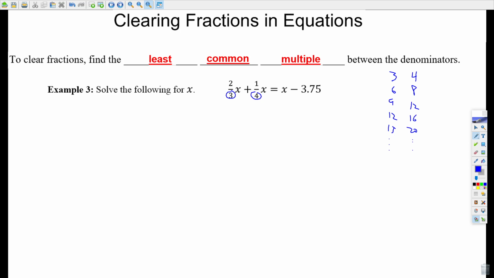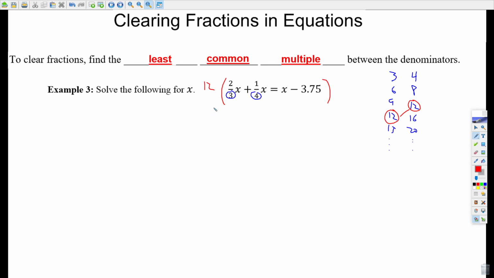As soon as they first match the same number in common, that would be called their least common multiple. So what do they have in common as their least common multiple? The first time it happens is the number 12 on both sides. So that's the number we're going to use to multiply the entire equation by to get rid of fractions. So I'm going to put a huge set of parentheses around the entire equation.